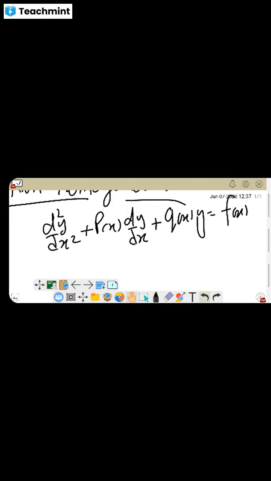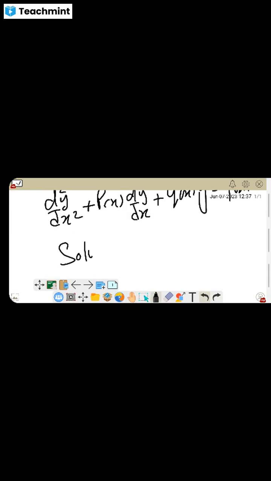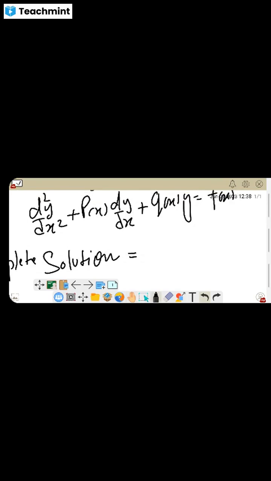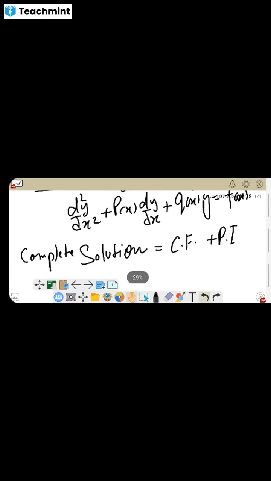So for non-homogeneous we'll find a solution, or you can say complete solution, is equal to complementary function, CF, plus PI as usual. But there is a separate method, completely different from the previous CF and PI.